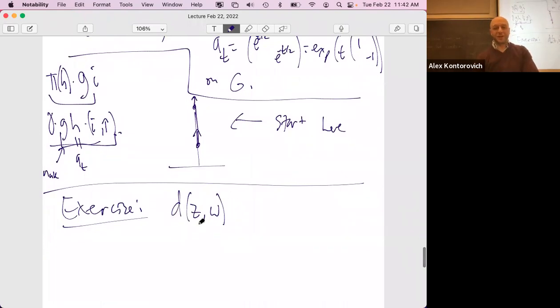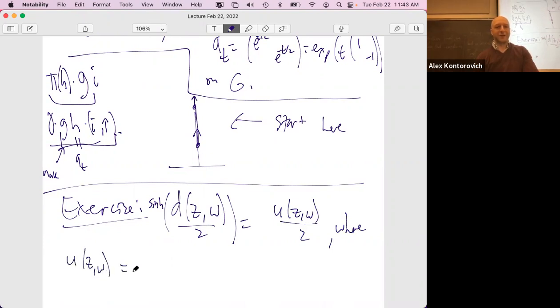A better way of writing this is that the hyperbolic sine of D over 2 is equal to U of ZW over 2, where U of ZW, a function that arises in all kinds of applications, so it's good to have a separate name for it, is the Euclidean distance between Z and W divided by, do I put a 2 here or not? I do put a 2 here for various reasons that we'll discuss next time. Imaginary part of Z, imaginary part of W.